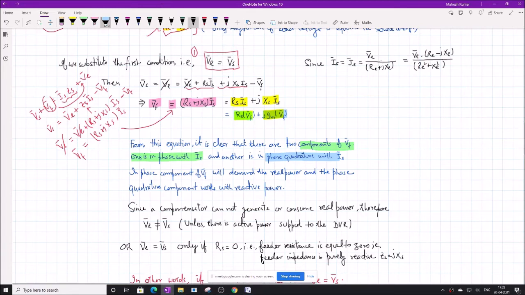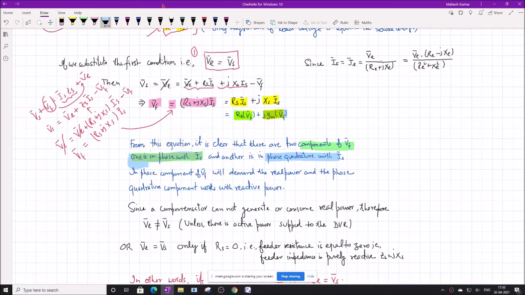While the in-phase component will manipulate the real power, which we don't want. We don't want the compensator to manipulate the real power.